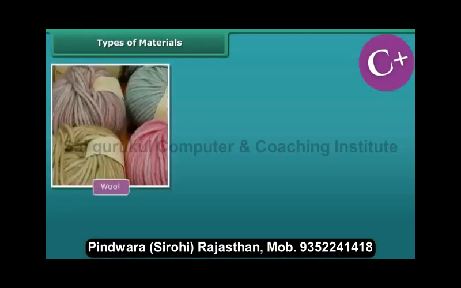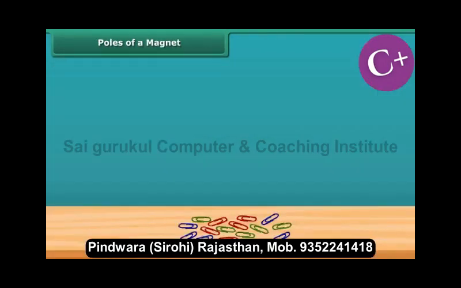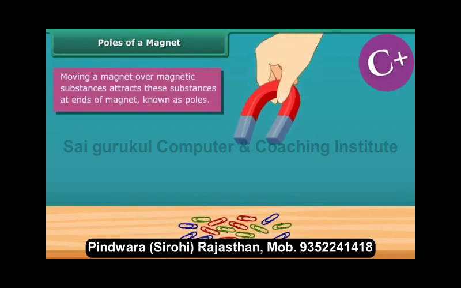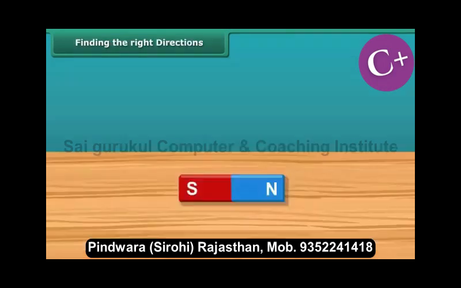For example, wool, cloth, and bricks are non-magnetic materials. Poles of a magnet. When you move a magnet over magnetic substances, you will see that these substances get attracted to particular parts of the magnet only. These are generally the two ends of the magnet. These ends are called poles of the magnet.